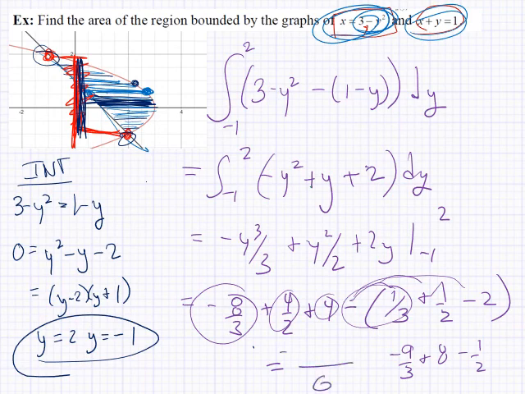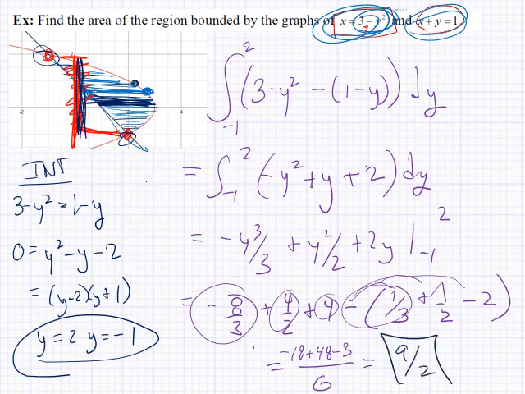So I'm going to have what? Negative 18 plus 48, minus 3. So that's going to give me 27/6, and 27/6 simplifies to 9/2. So yeah, I was wrong. 9/2. It helps to write it all down. All right, so 9/2, that's the area here.